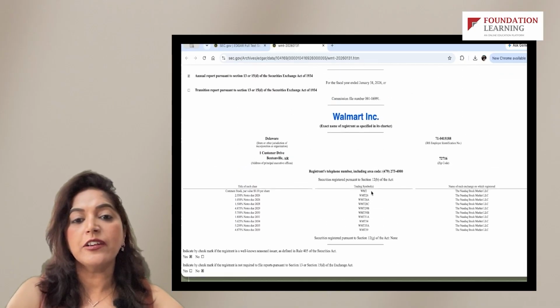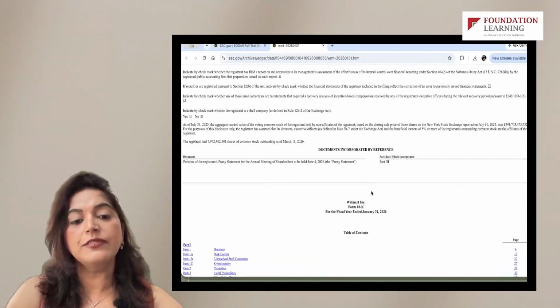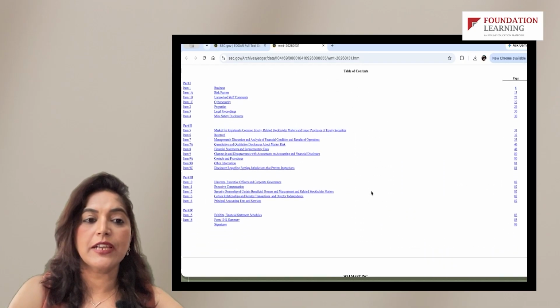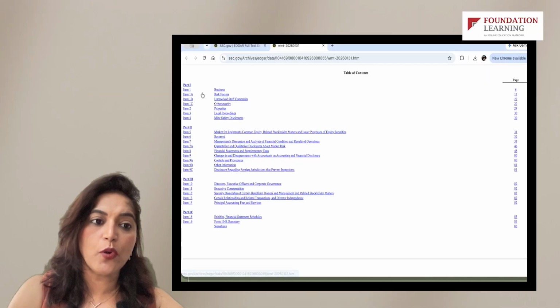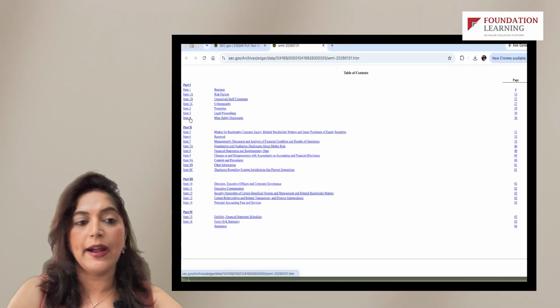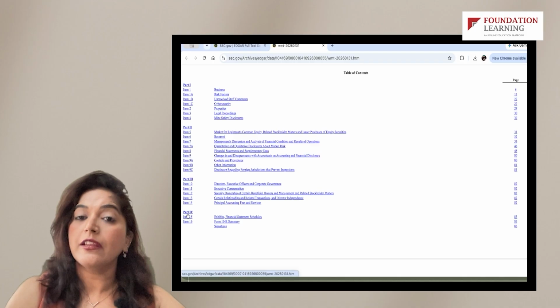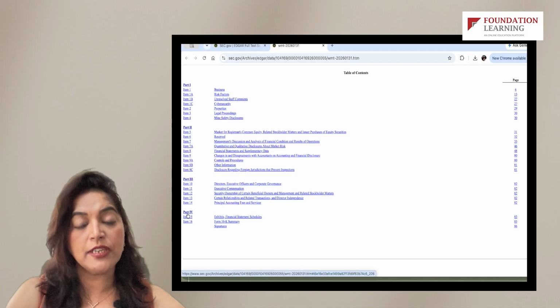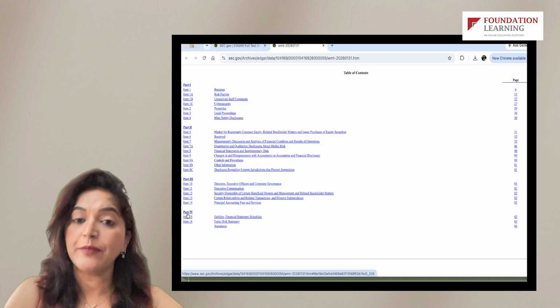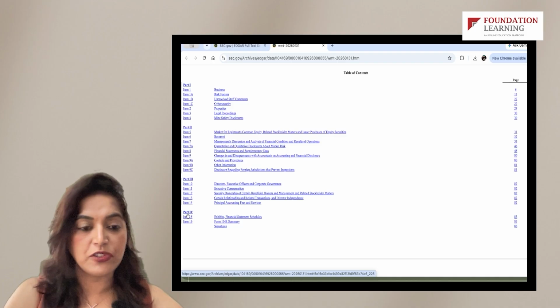As part of the 10K, there are a lot of declarations and information which a company has to provide, broken down into 4 parts: Part 1, Part 2, Part 3 and Part 4. The focus of today's discussion, like I said, is going to be financial statements. So we will look for financial statements.